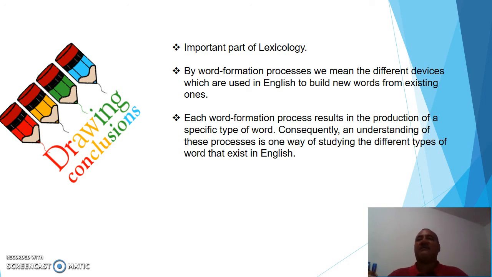Another conclusion is that by word formation processes we mean the different devices used in English to build new words from existing ones. And finally, each word formation process results in the production of a specific type of word. Consequently, understanding this process is one way of studying the different types of words that exist in English.